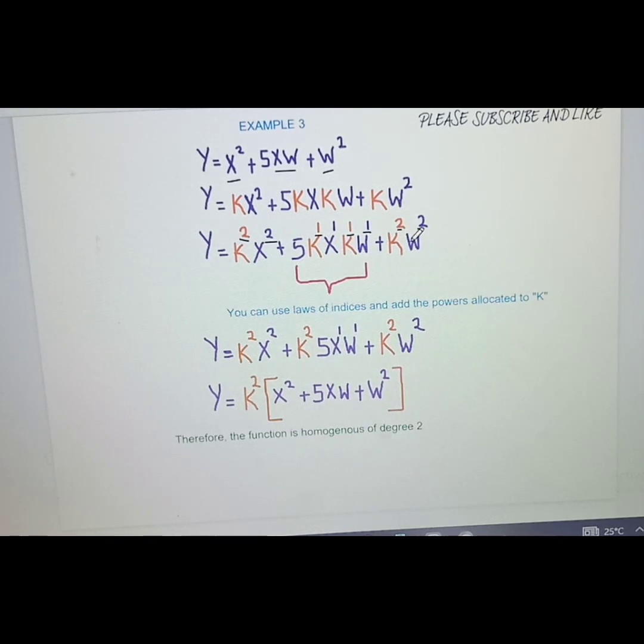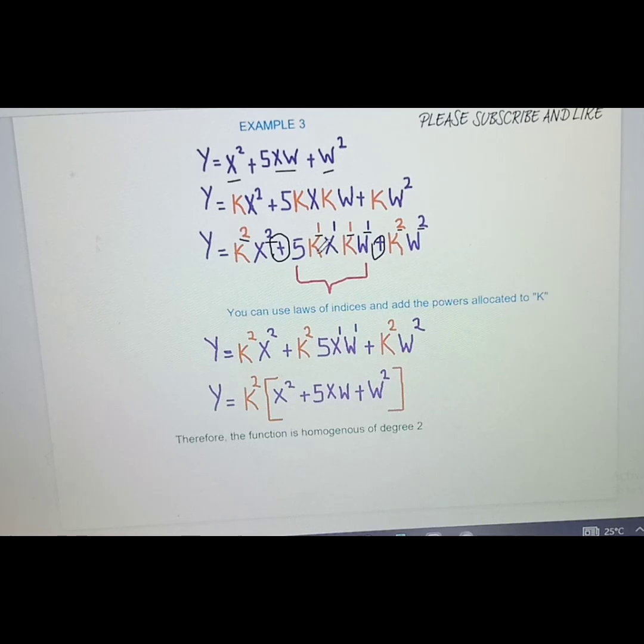Then you can now use the laws of indices and add the powers allocated to k. So you can't add the powers in this case because you can't use the laws of indices in the whole equation, because remember that we have addition signs.